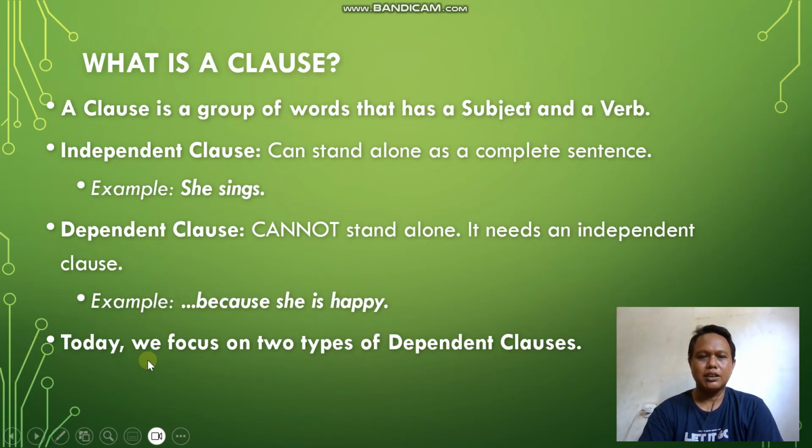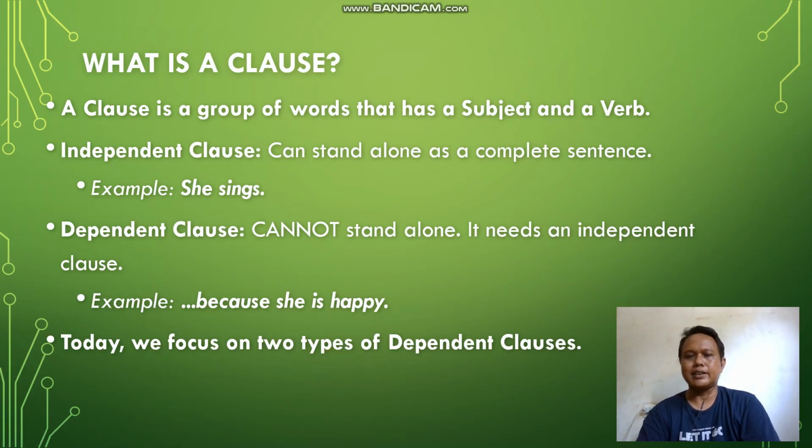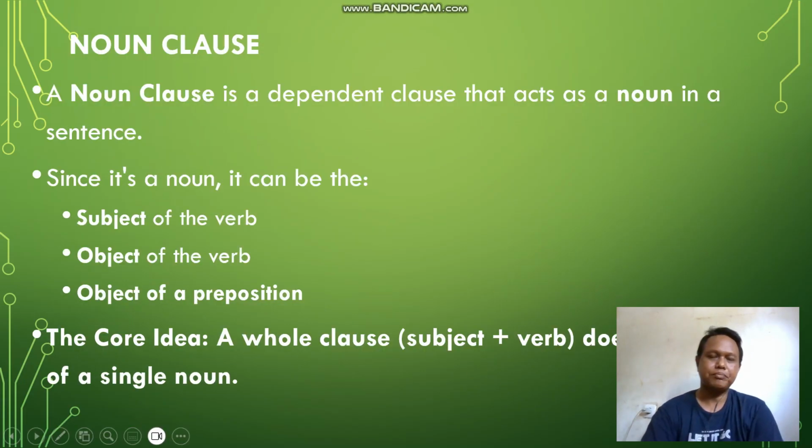And today we focus on two types of dependent clause: noun clause and adjective clause. Let's discuss them. Noun clause. What is a noun clause? A noun clause is a dependent clause that acts as a noun in a sentence.